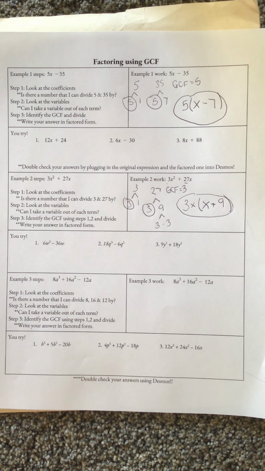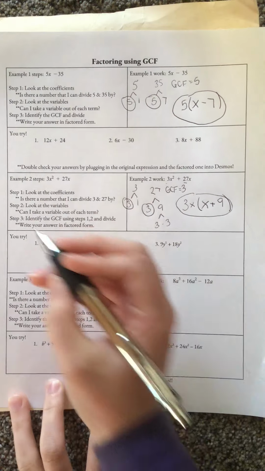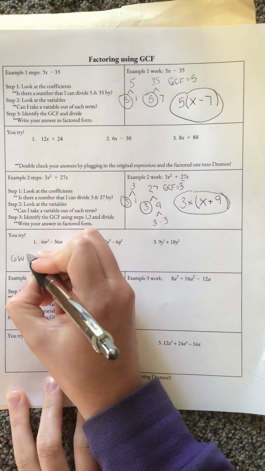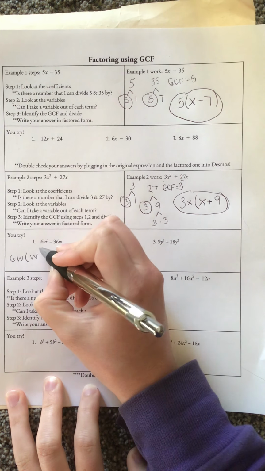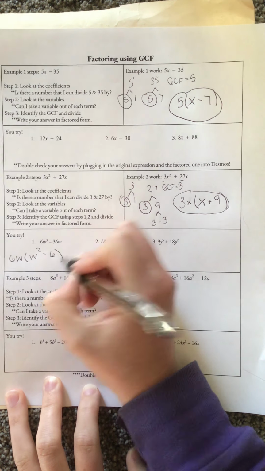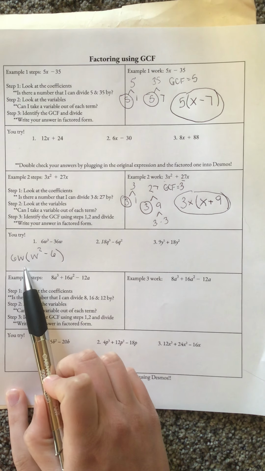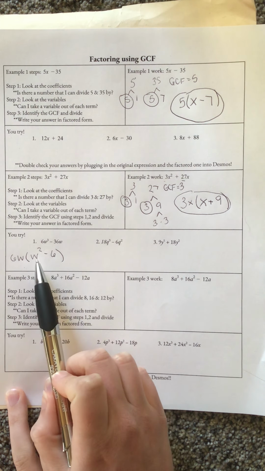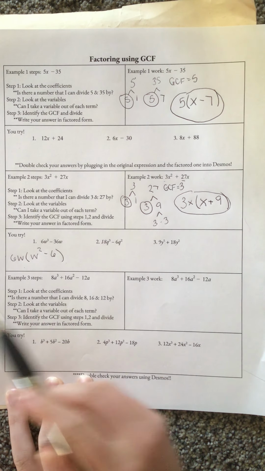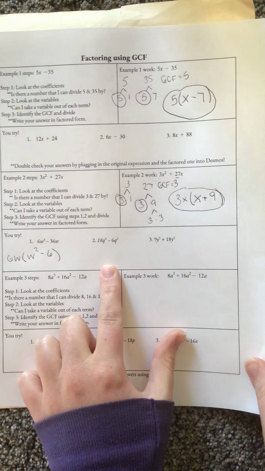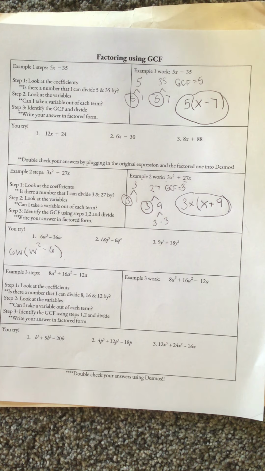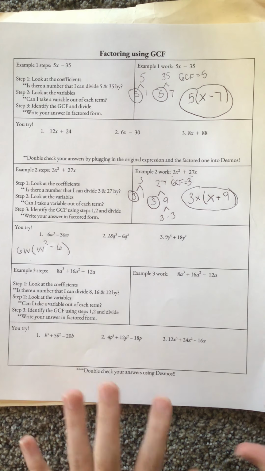All right, so you should have tried these already. The answers for them would be 6w, w squared minus 6. So we could pull out the 6w from that entire equation, and we have w squared minus 6 left. Second one, we have 18q cubed minus 6q squared.